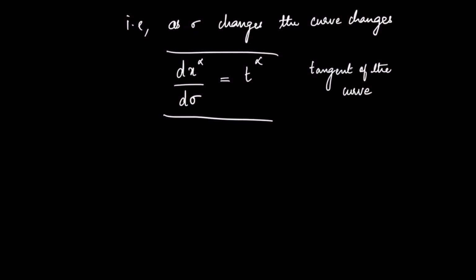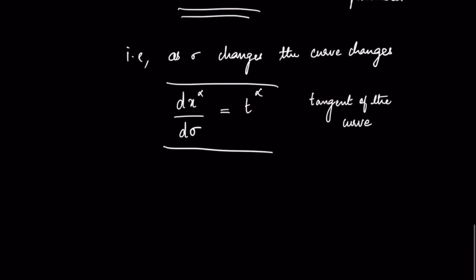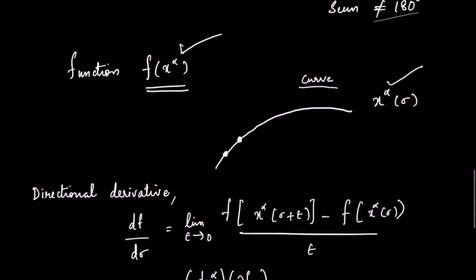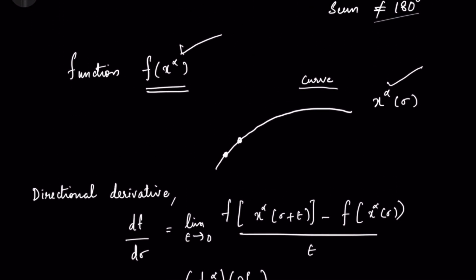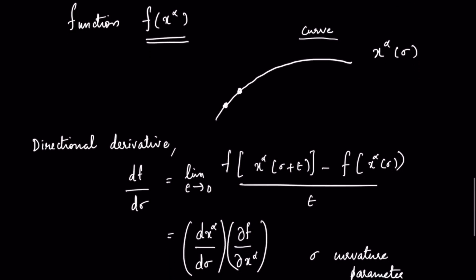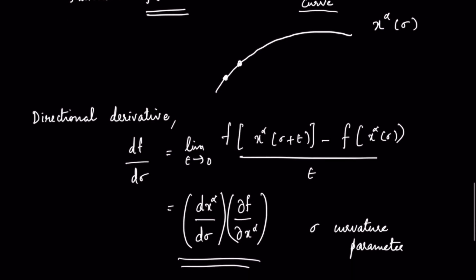Here you can see, I'll just repeat it once again. You have a function f which is a function of x alpha, and a curve which is defined as x alpha of sigma, where x alpha is a function of sigma.